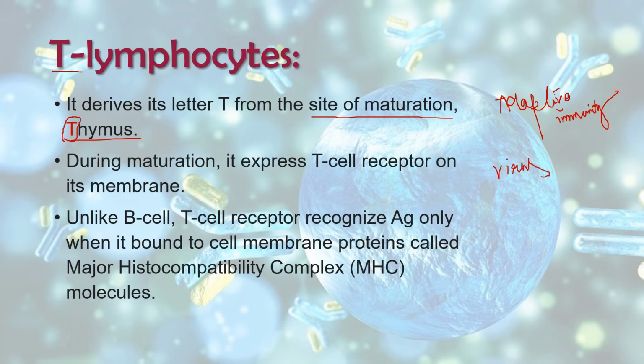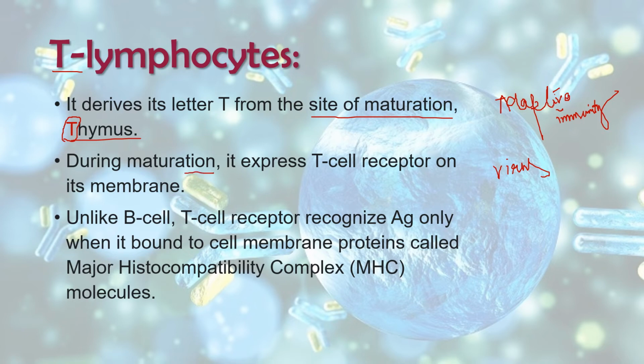So what are the roles of T lymphocytes? They kill infected cells, okay, and they can activate other immune cells by producing cytokines, and also they can regulate or suppress the immune responses.